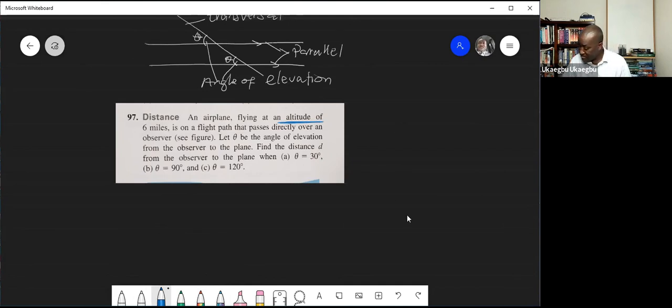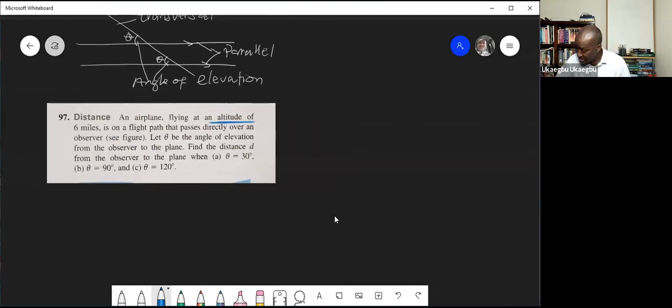So they mentioned the word altitude. Altitude means basically perpendicular to the ground. Let me sketch it like this. This is the ground. When they say that something is at a certain altitude, it is just a perpendicular line, and definitely a 90 degree angle is created.